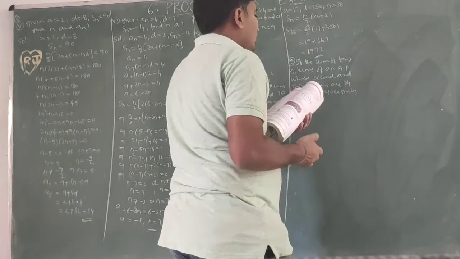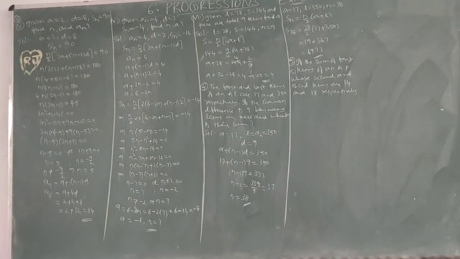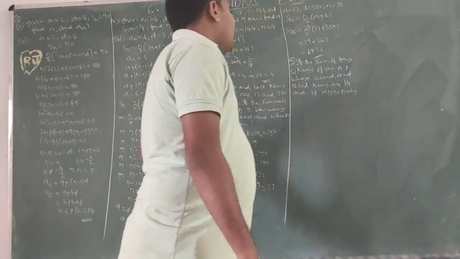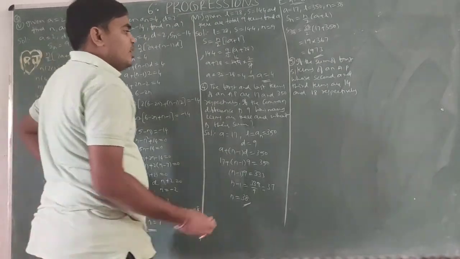So 14 and 18 are the second and third terms. We need to find the sum of 51 terms. Yes, 51 we need.